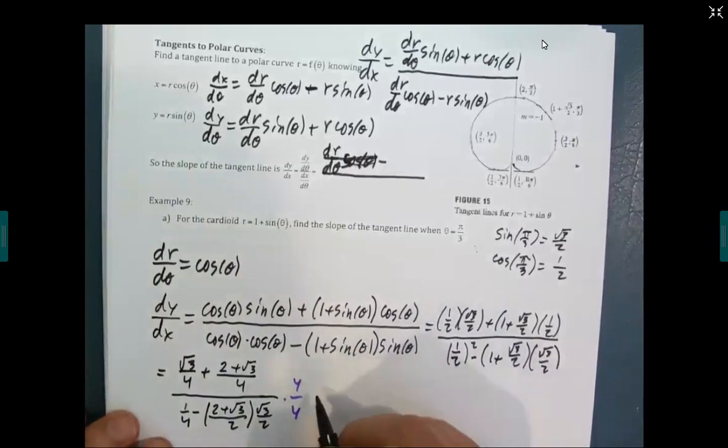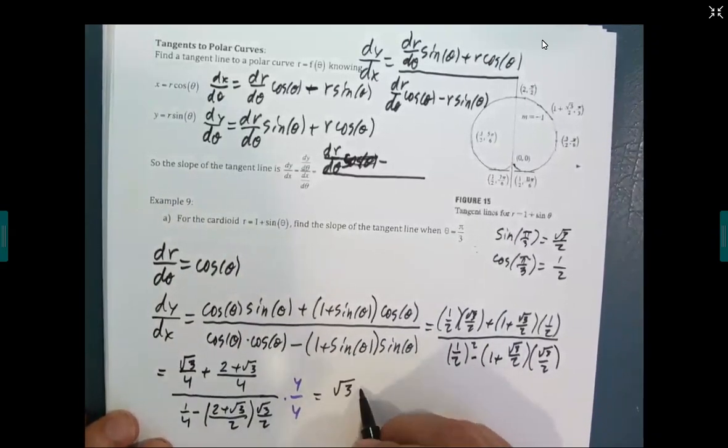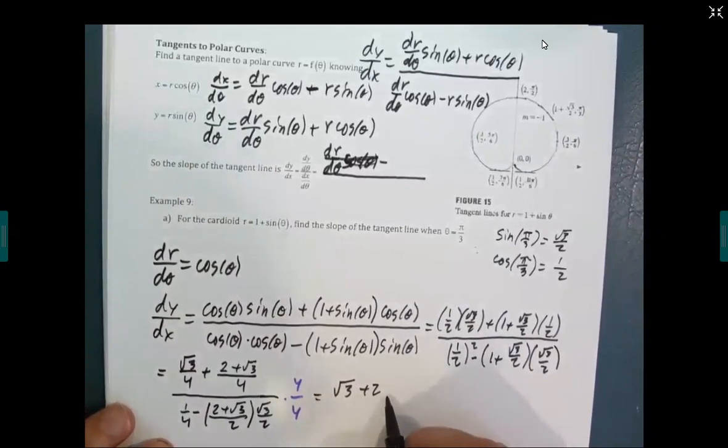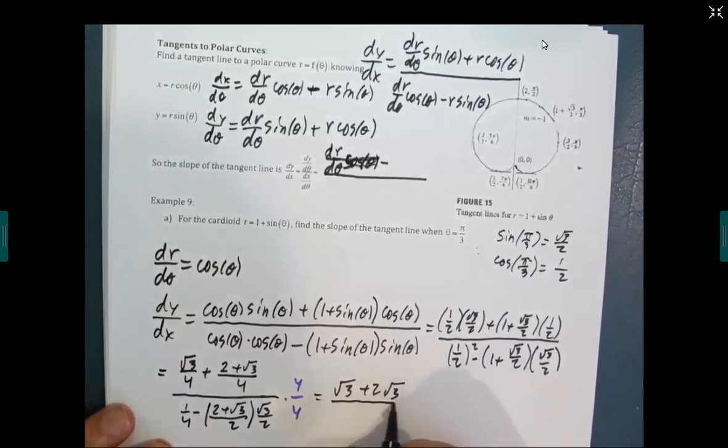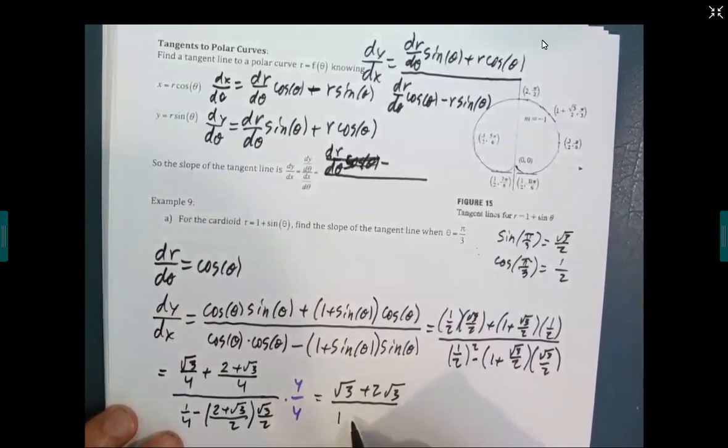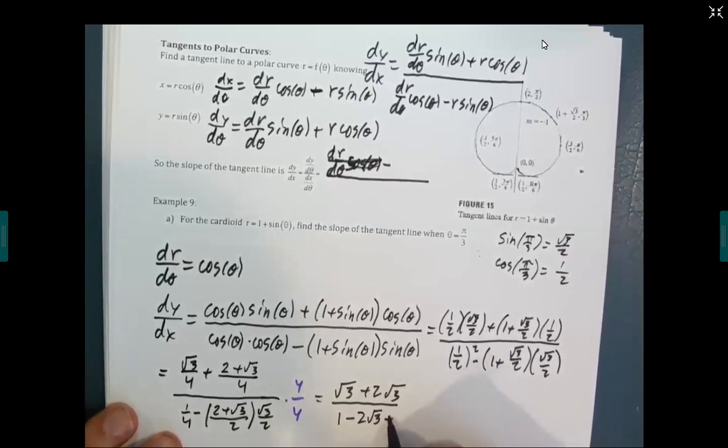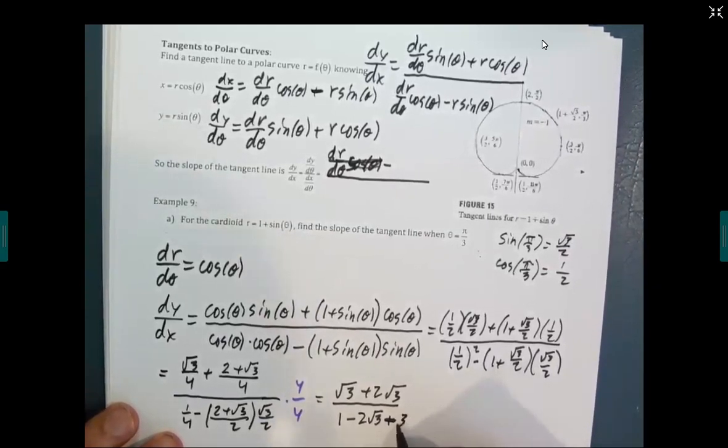And that is going to give us √3 plus 2√3 over 1 minus 2√3 minus 3.